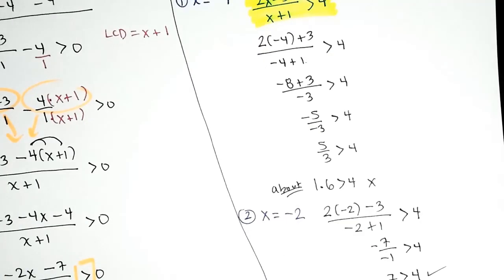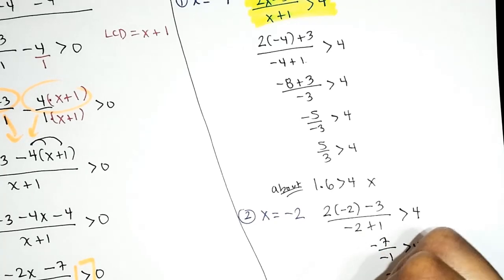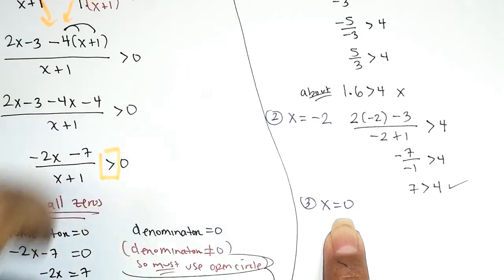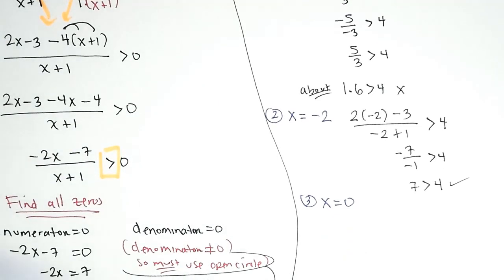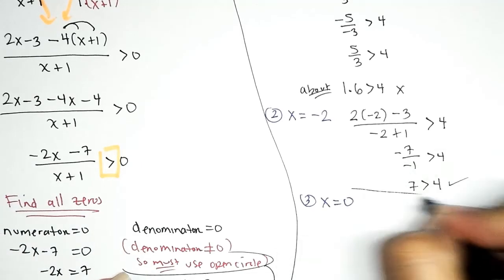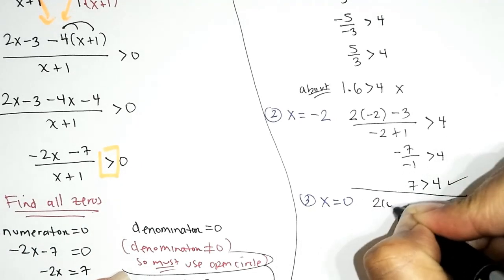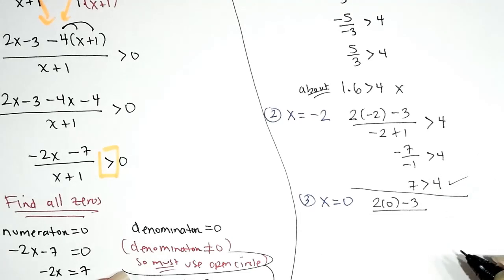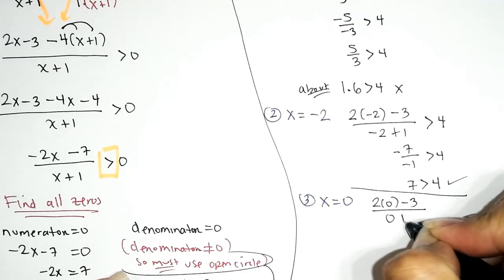So we have test interval number 3. x equals 0. Oh sorry, I need to write the interval number, the test value, and then do your math. Okay, you're going to have to trust me on this. The inequality we are using reads 2 times x, so it'll be 2 times 0 minus 3 all over x plus 1, x is 0, plus 1.